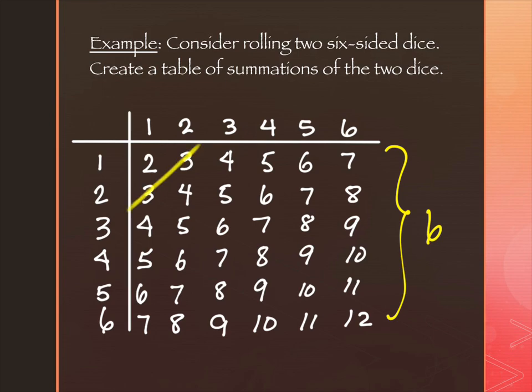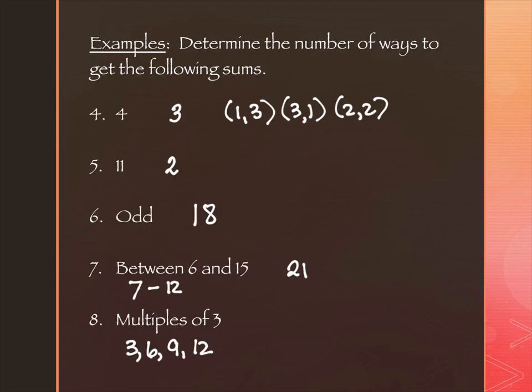So here's my 3s. Here's my 6s. Here's my 9s. And over here is the 12. So how many do we find? There's 12 ways of doing this. Okay, so good? All right.